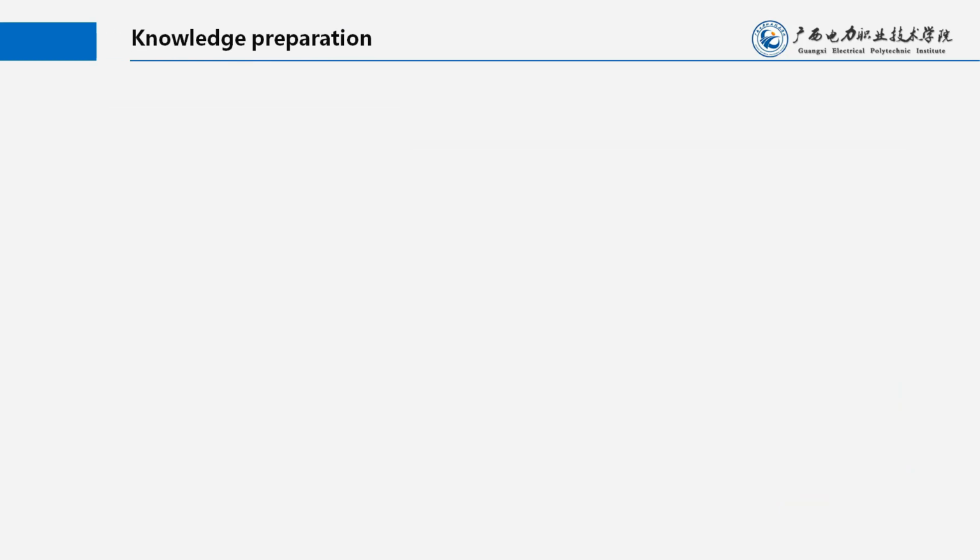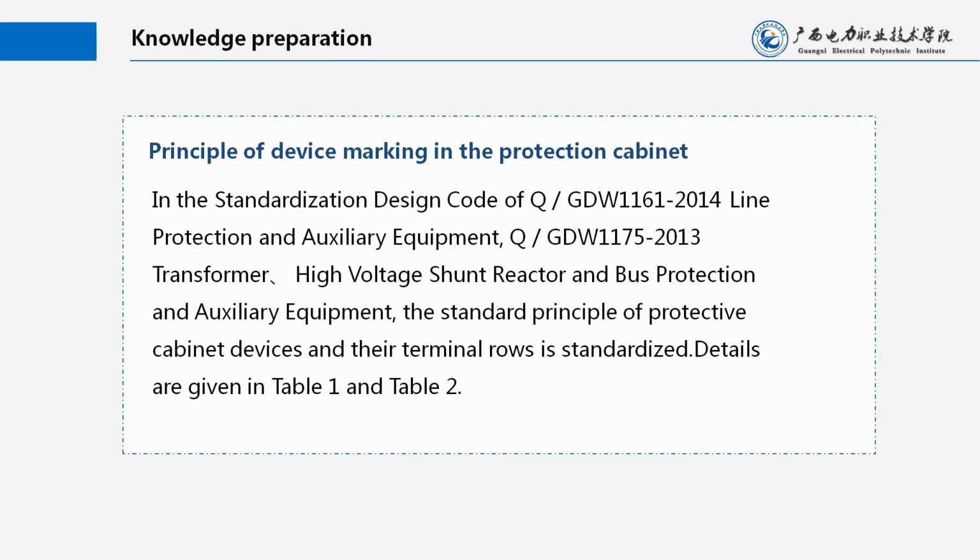Knowledge preparation. Principle of device marking in the protection cabinet. In the standardization design codes Q/GDW 1161-2014 Line Protection and Auxiliary Equipment, and Q/GDW 1175-2013 Transformer, High Voltage Shunt Reactor and Bus Protection and Auxiliary Equipment, the standard principle of protective cabinet devices and their terminal rows is standardized.